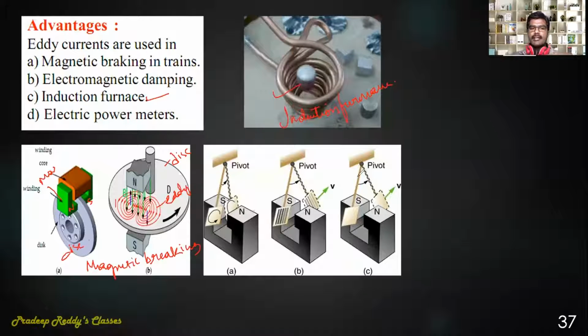Because of those eddy currents, the motion of the disc is opposed. As the motion of the disc is opposed, the disc comes to rest. So this is magnetic braking. The same principle is used in the braking system of trains and bullet trains. In those trains, these magnetic braking systems are being used.